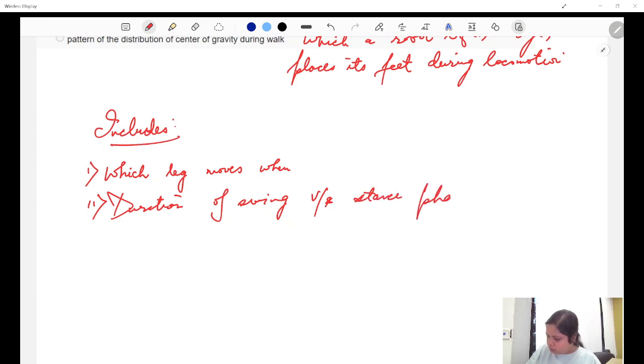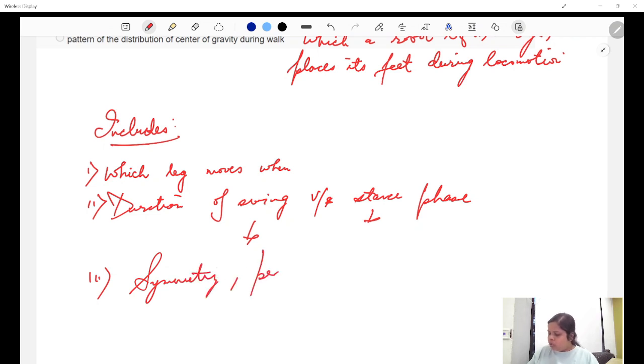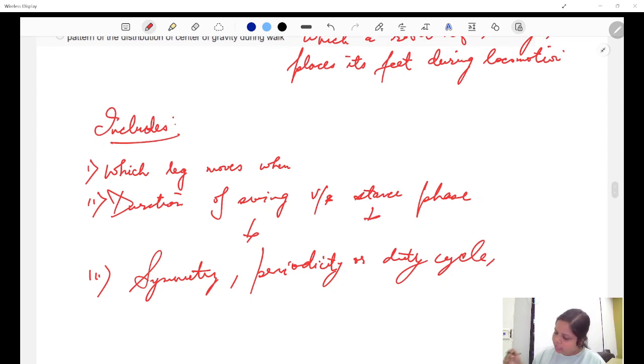I hope you know what swing and stance are. Swing is when your foot is lifted away from the ground, when it is in the air basically. Stance is when you have it on the ground. And then the other thing is when we want to know symmetry or periodicity or duty cycle. What is duty cycle? We'll see that in the next question probably, when we have the question for wave gait, then we'll see that.